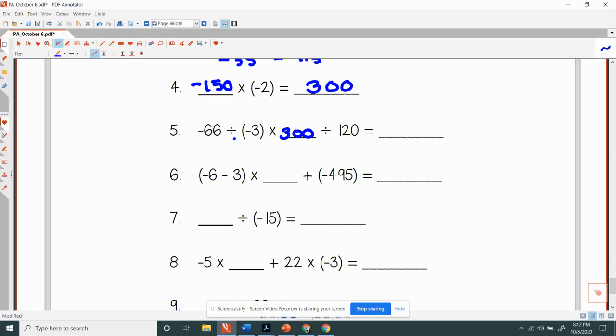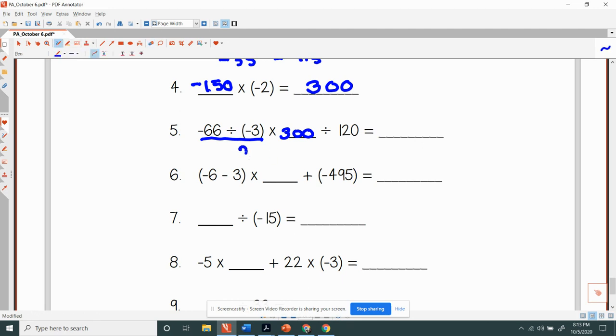Okay, did you work on the rest of them? Did you try them yourself? So we're going left to right. Negative 66 divided by negative 3 is going to be positive 22. Sorry, I'm working too fast. Sorry about that, kids.